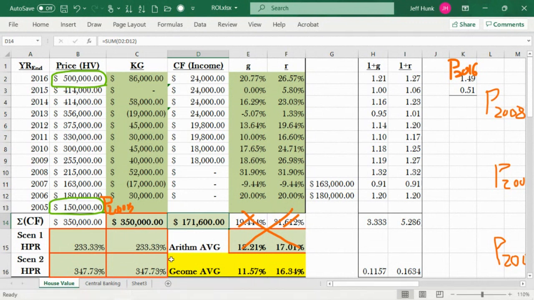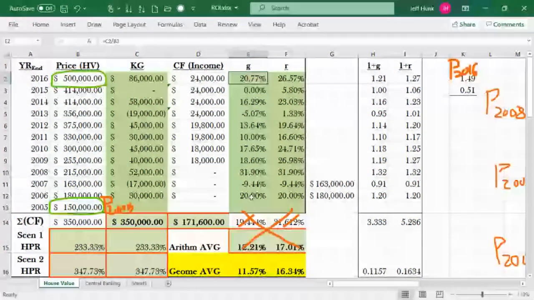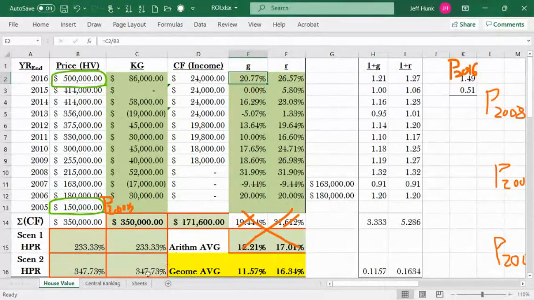Then obviously there will be a difference in the holding period return. Under scenario two, the holding period return was 347%. Now, if you annualize this holding period return under scenario one, I told you, you cannot simply divide it by 11.